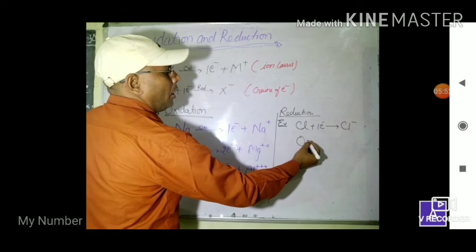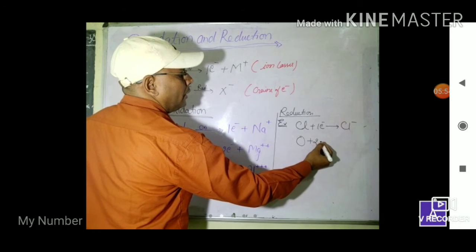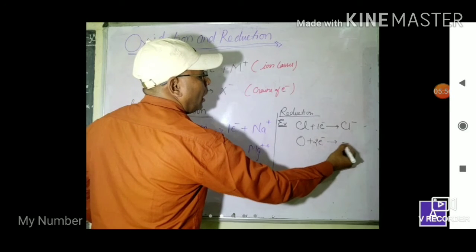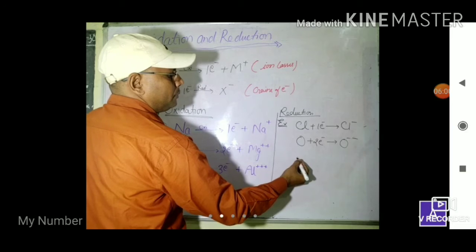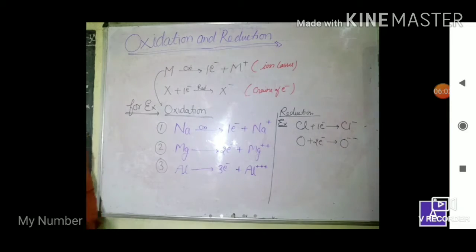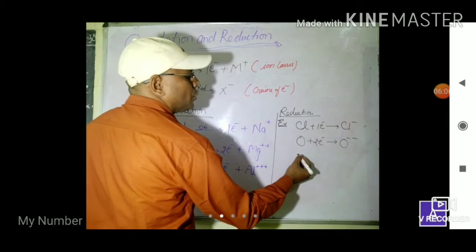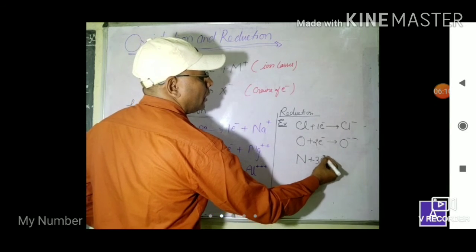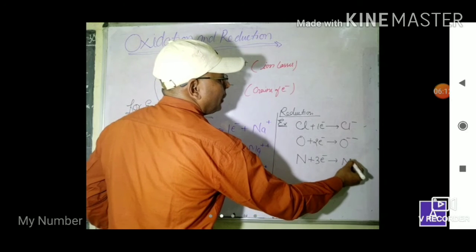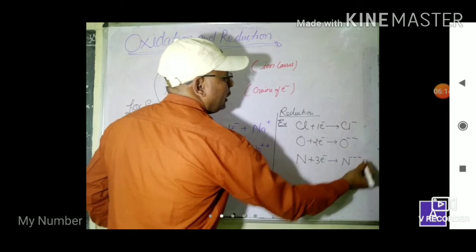Another example, oxygen gains two electrons and is represented as two negative. Next, nitrogen gains 3 electrons and has a charge of 3 negative.